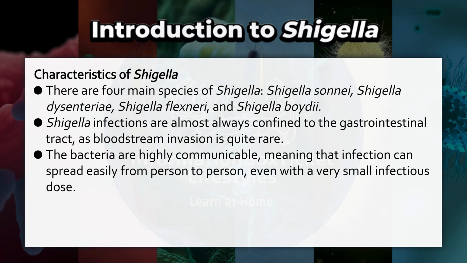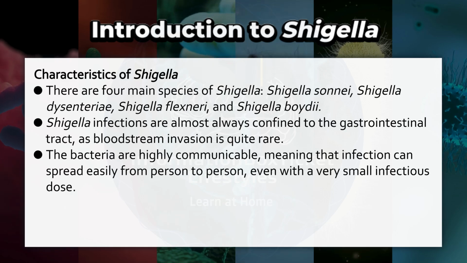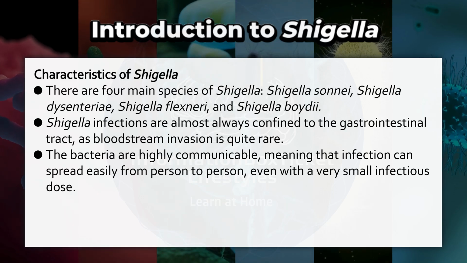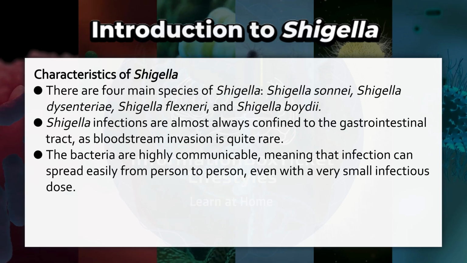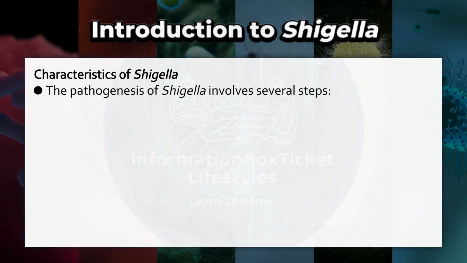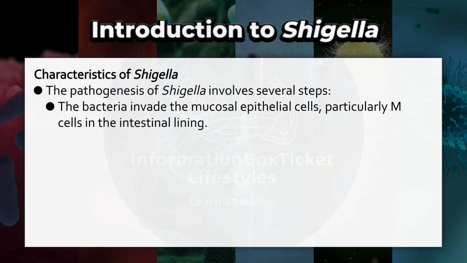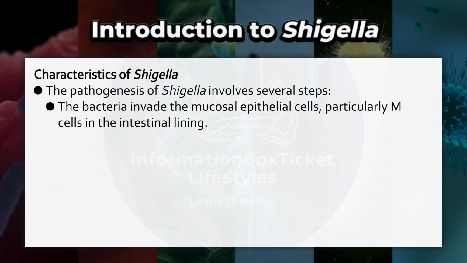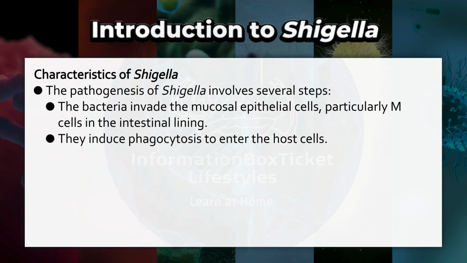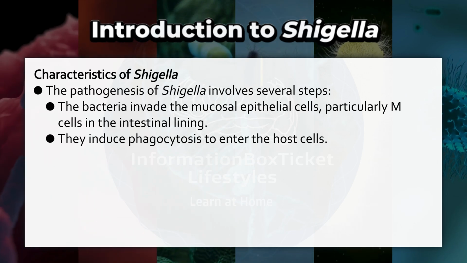The bacteria are highly communicable, meaning that infection can spread easily from person to person, even with a very small infectious dose. The pathogenesis of Shigella involves several steps. The bacteria invade the mucosal epithelial cells, particularly M cells in the intestinal lining. They induce phagocytosis to enter the host cells.